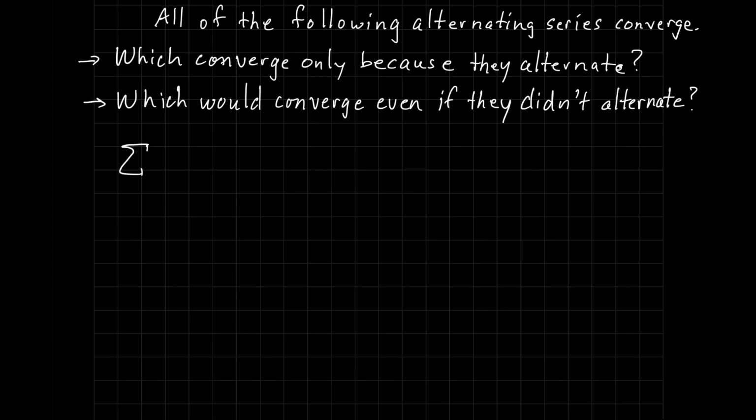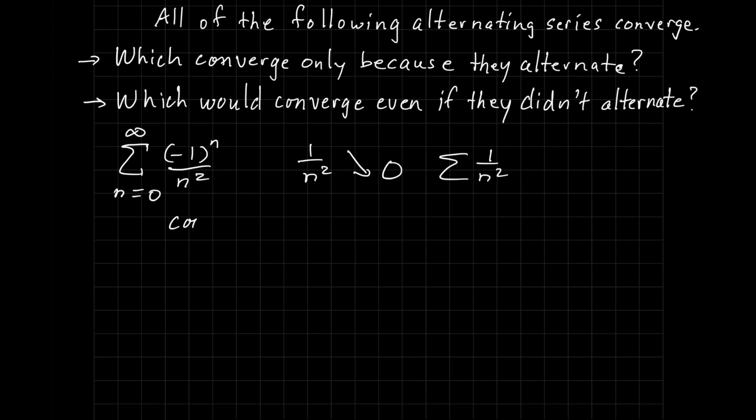First example, we'll do n equals 0 to infinity of negative 1 to the n over n squared. If I look at 1 over n squared, I have terms that are decreasing to 0. So I know that this definitely converges.